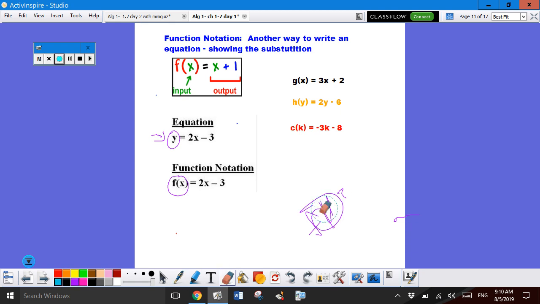So let me erase that here and write that a little bit better. F of x. This one would be read g of x, h of y, c of k. The only thing that has to happen is these two letters have to match. Okay? Otherwise, they can use any letters they want, but they're read f of x, g of x, h of y, c of k. And again, function notation is just substitution.